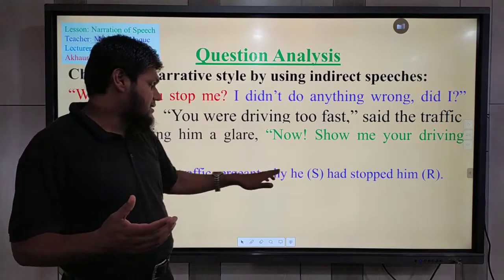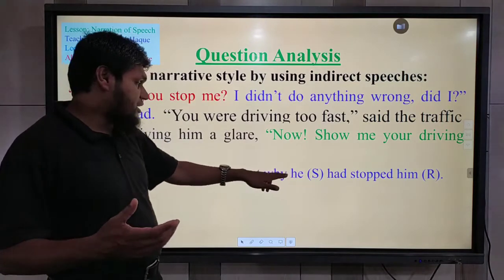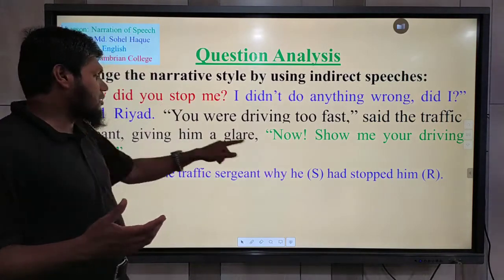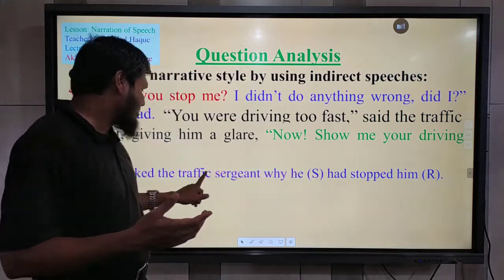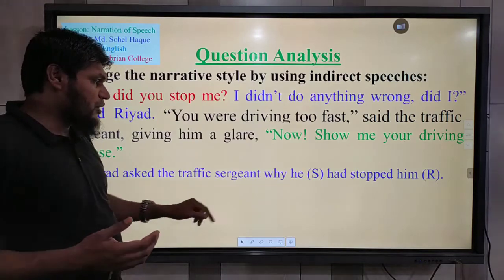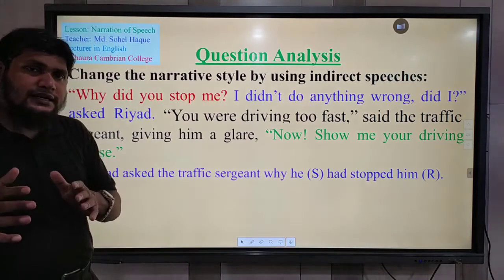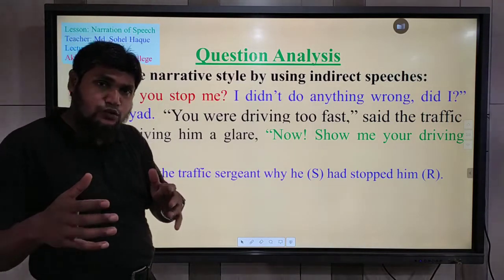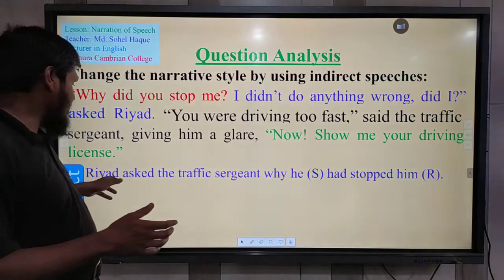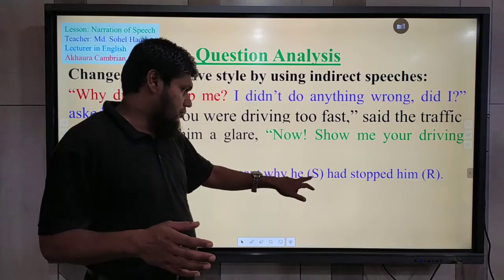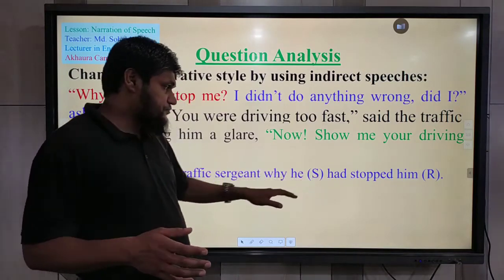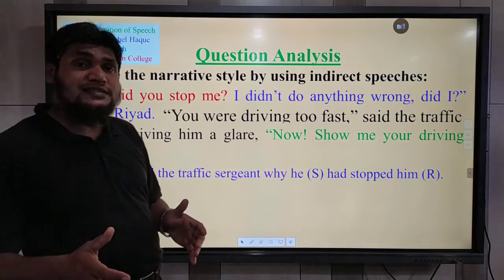You should take he instead of you here, and I marked S. S means traffic sergeant, because he can be used for both Riyad and the traffic sergeant. So you should indicate it like this.